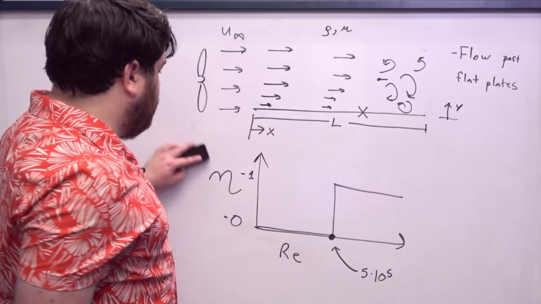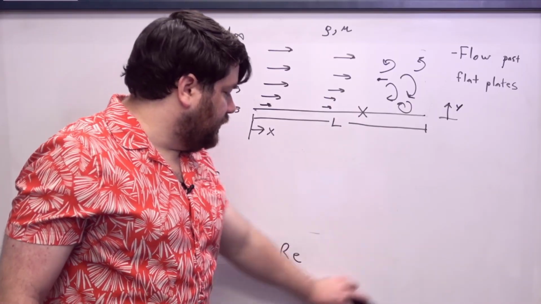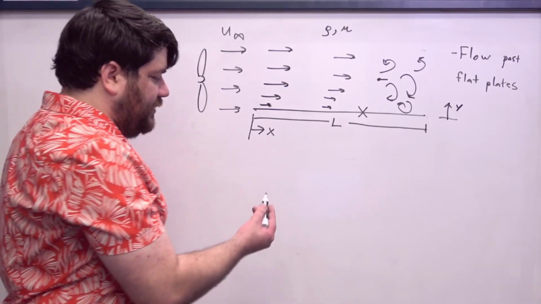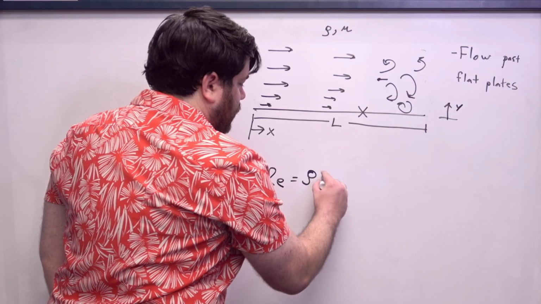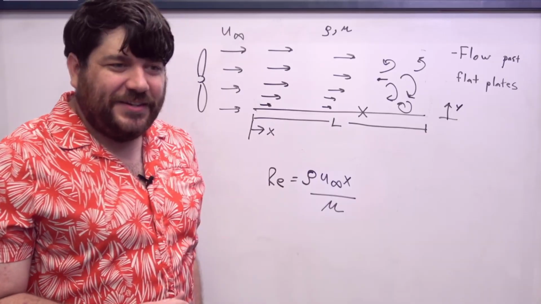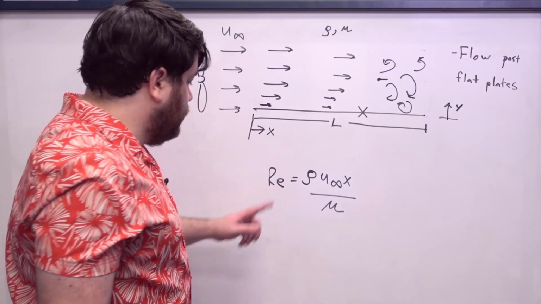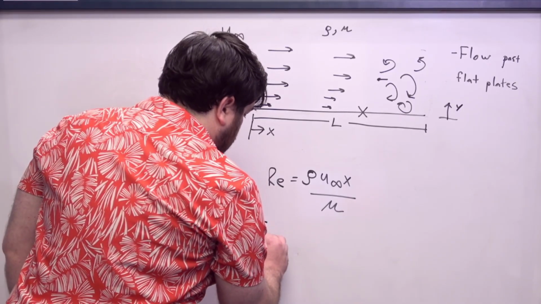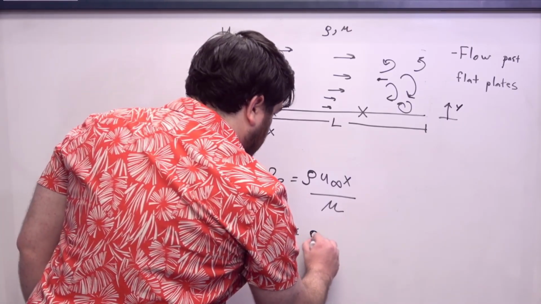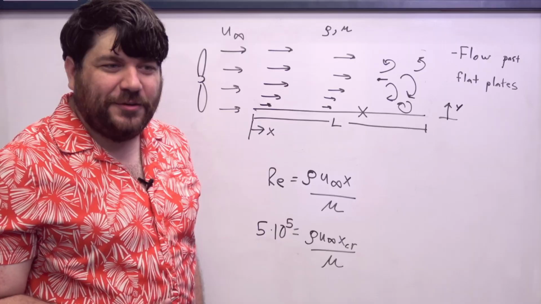And you might ask yourself, well, okay, how does that help me figure out where the turbulence is going to trigger? Well, that's simple. If we know that this is the Reynolds number, and assuming that you know the density and the dynamic viscosity of the liquid and the background speed, all you have to do is solve this equation, where you simply set the Reynolds number to be 5 times 10 to the 5, and then you solve for this critical value of x.